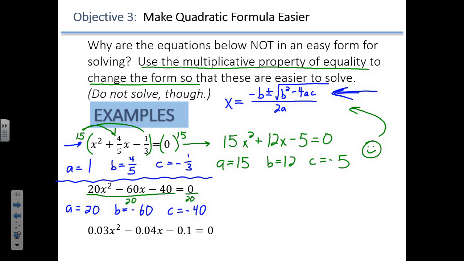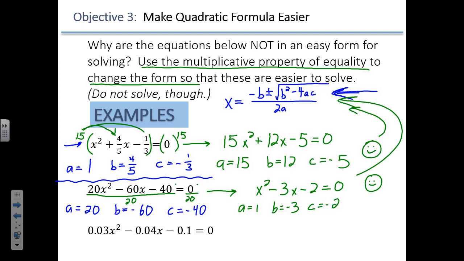There's a common factor of 20, and if we do that, we get 20 over 20, that'd be x squared, minus 60 over 20 is 3x, and 40 over 20 is minus 2, equals 0 over 20, which is 0. That's again a much, much happier quadratic to solve. Here, a would be equal to 1, b would be equal to negative 3, and c is equal to negative 2. Much easier to plug into the quadratic formula.